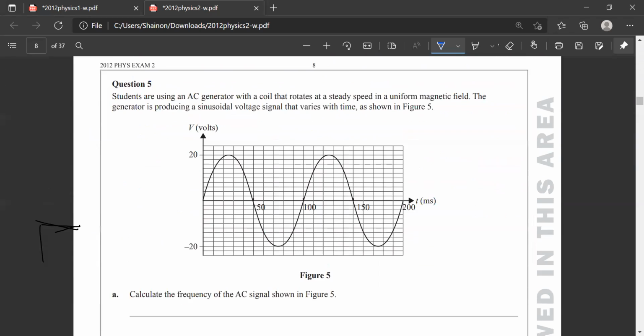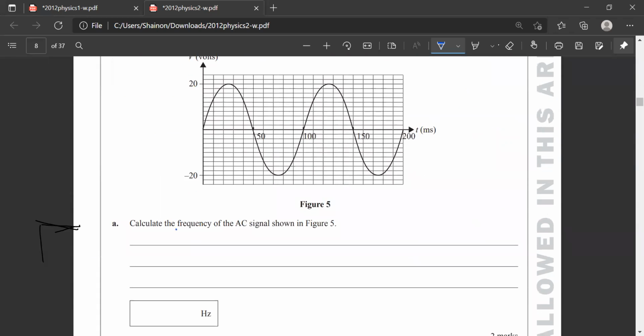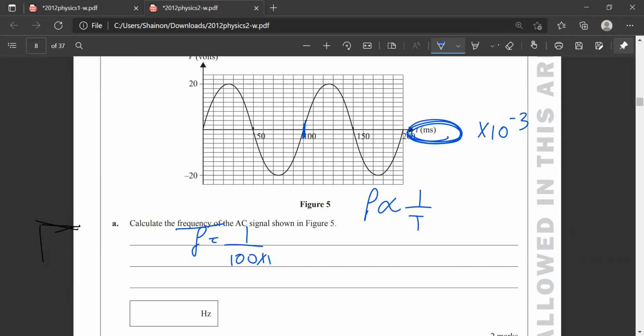So then the next one is the frequency. Frequency is inversely proportional to period. So we know the period is 100, but we need to make sure that it's in seconds. So the frequency equals 1 over 100 times 10 to the power minus 3, so that equals 10.